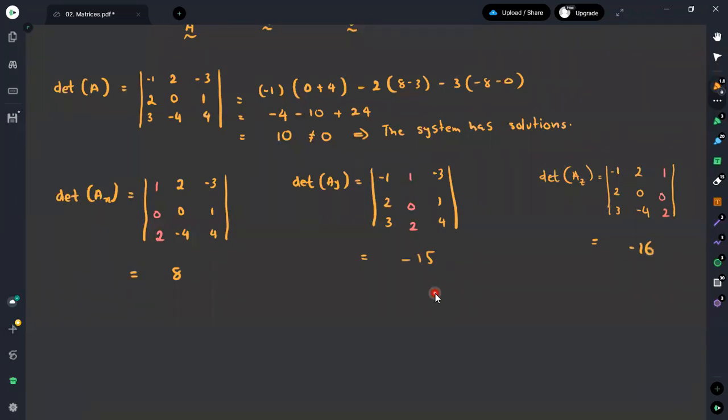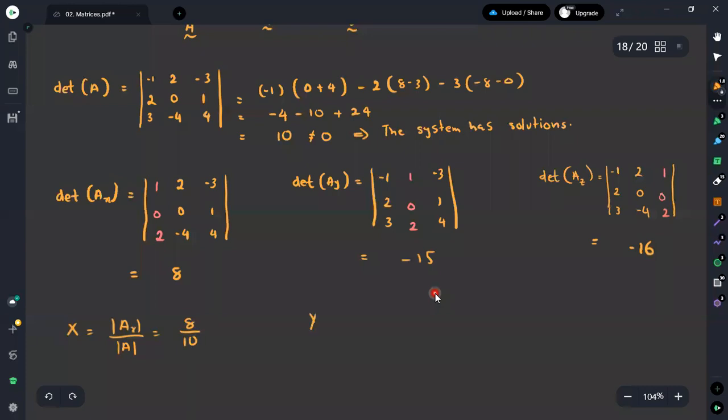You can try obtaining the determinant of a 3 by 3 matrix to get these values. And now simply you can take the value of x. It is what we have obtained as Ax divided by A. It is 8 divided by 10.